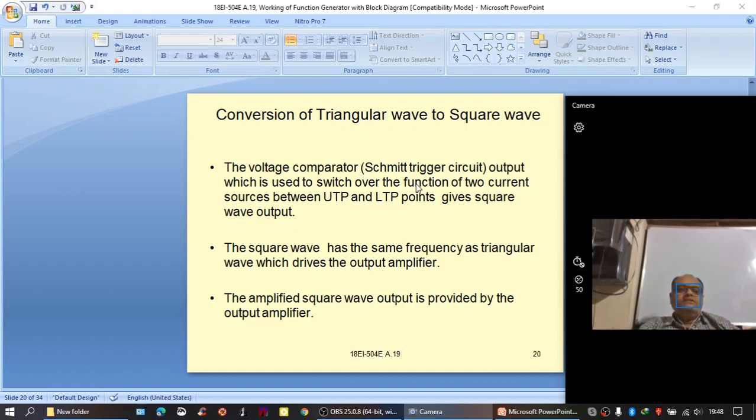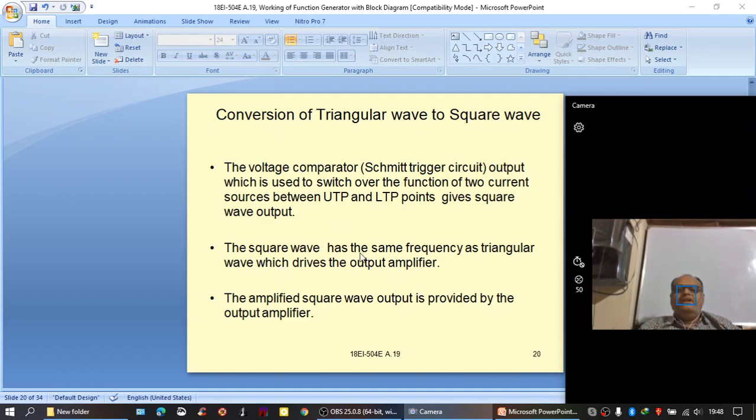Right? The Schmitt trigger function is to convert triangular wave into square wave. Not only triangular wave, any other shape would be converted using a Schmitt trigger circuit, using upper threshold potential and lower threshold potential. It is a comparator circuit as such, with positive feedback.